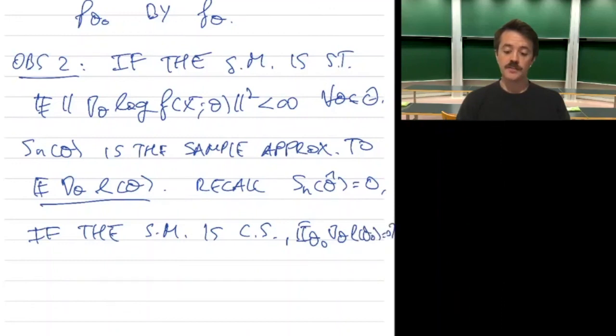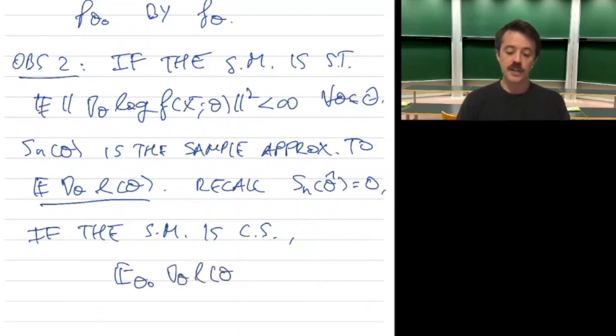We could wonder about that. Let me not be so sloppy. We can write it here and say, well, it really is the expectation under theta naught of this gradient, the gradient evaluated at theta naught. Is this going to be 0?